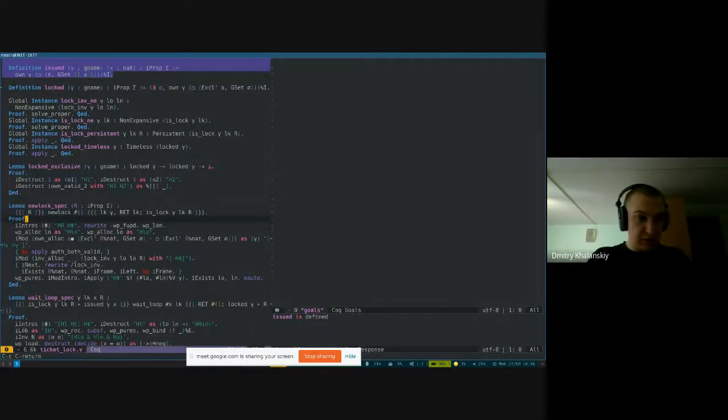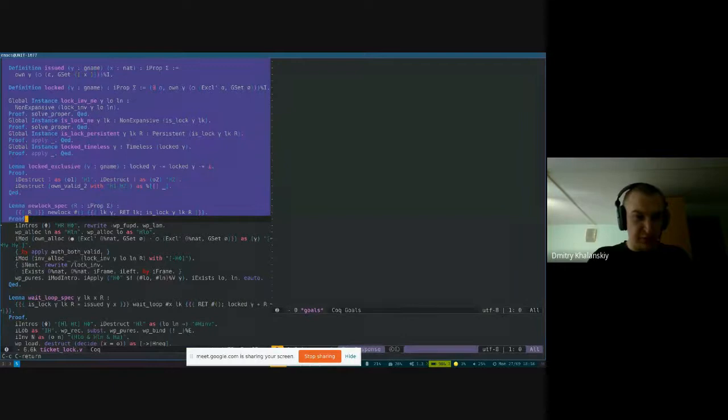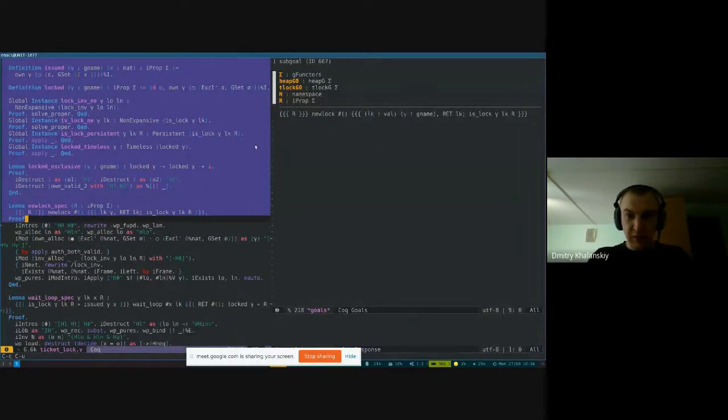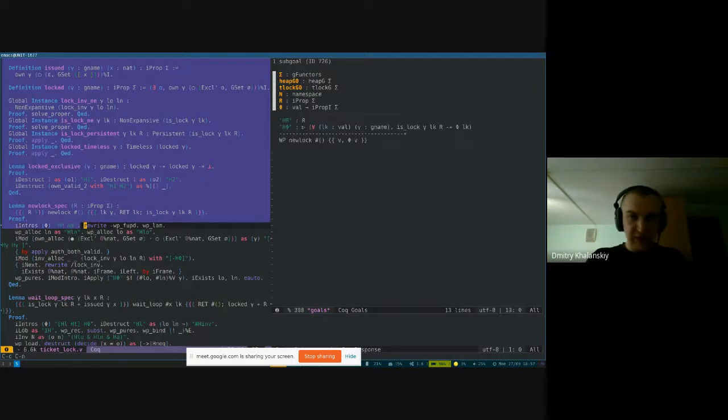Then let's step inside one of the proofs. Let's say we want to prove a Hoare triple of this form. The comments starting with I are comments that belong to Iris, and they enter a mode called Iris mode.